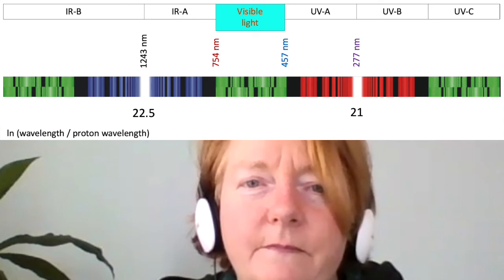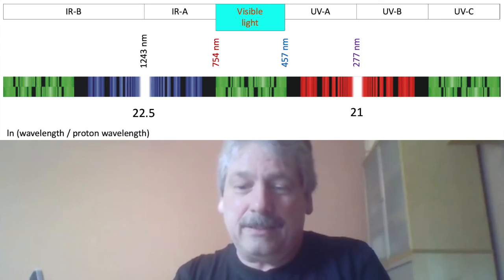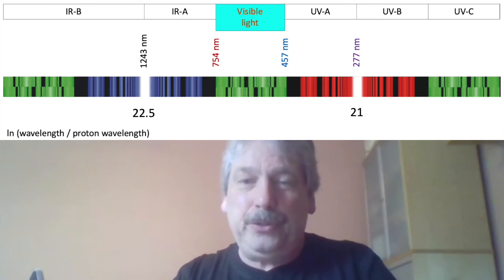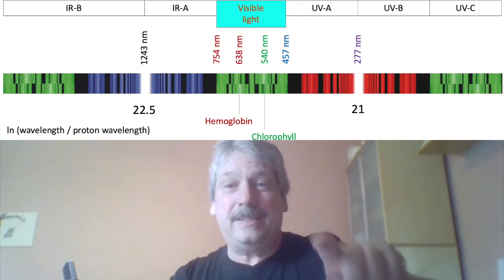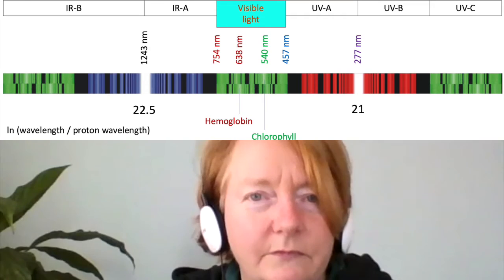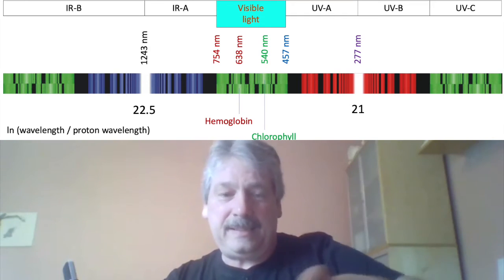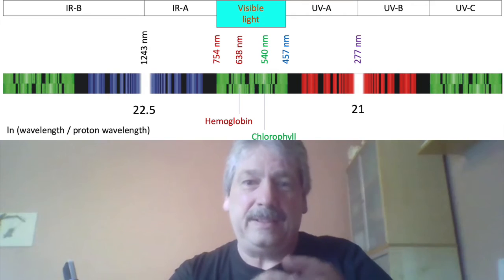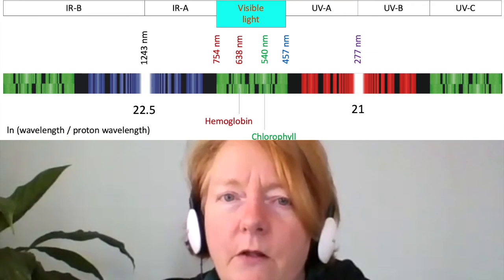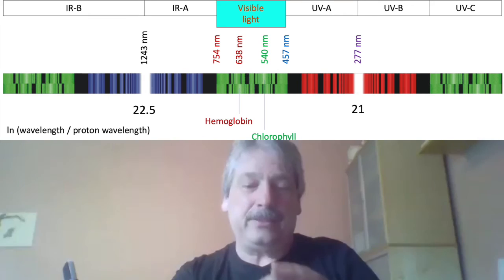And those wavelengths correspond to photosynthesis, which is the green, where magnesium is in the color active molecule, in the chlorophyll.